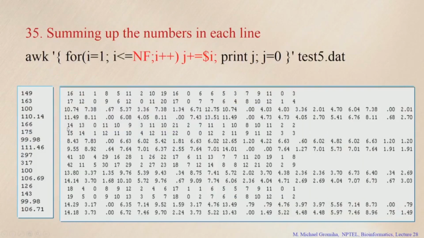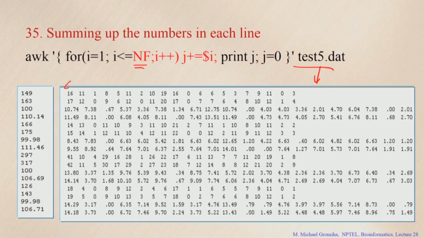Then also you can do some calculations, right. So, here I want to sum up the numbers in each line. So, this is the output file, test file dot dat, right. I want to sum up all these values. So, how to do that? So, i equal to 1, this is the field.